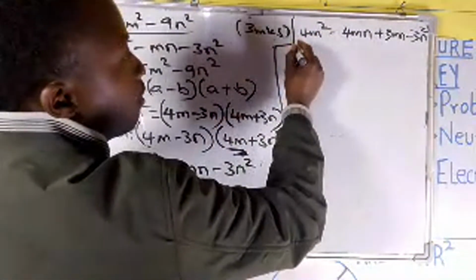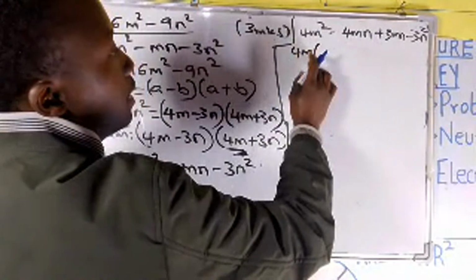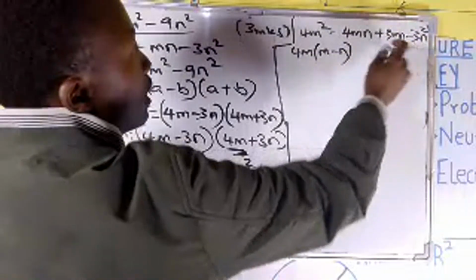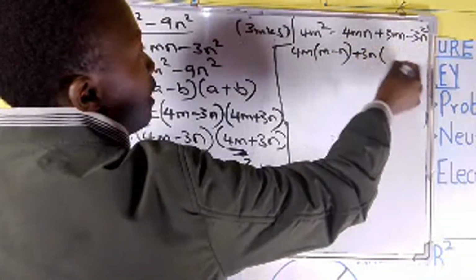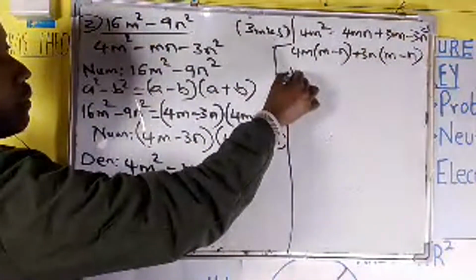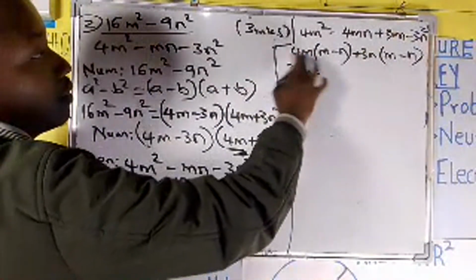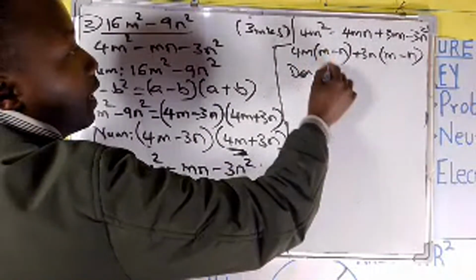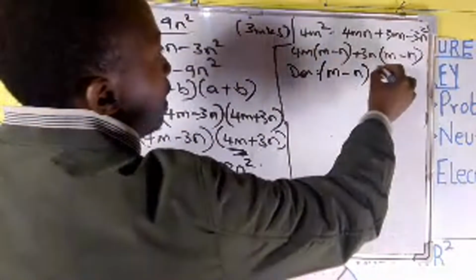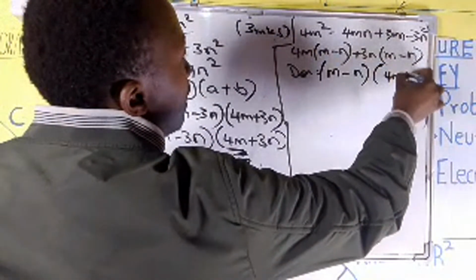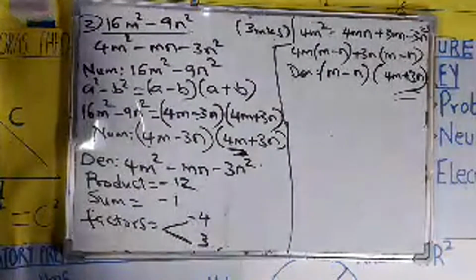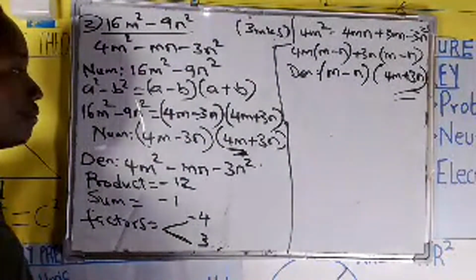If you check here, the common factor is 4m, and in brackets we have m minus n. Then the common factor here is 3n, and in the bracket we have still m minus n. So for our denominator, we will have m minus n followed by 4m plus 3n. 4m plus 3n, that will give us our second mark.